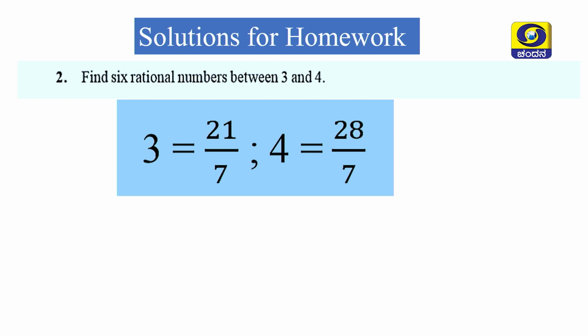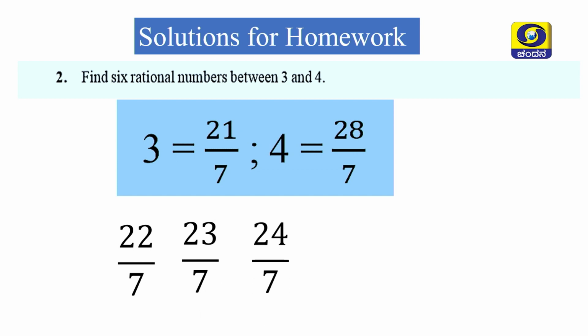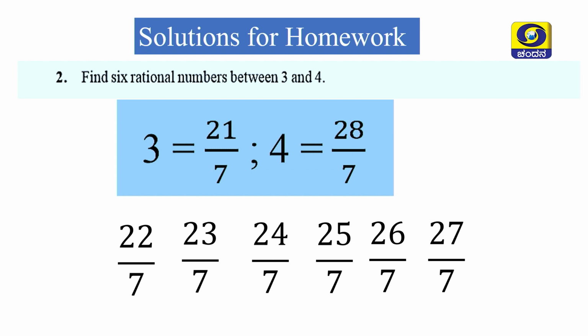Now, the rational numbers between these two are, see, 21 plus 1, 22 by 7, 22 plus 1, 23 by 7, 23 plus 1, 24 by 7, 25 by 7, 26 by 7, and the last one is 27 by 7.